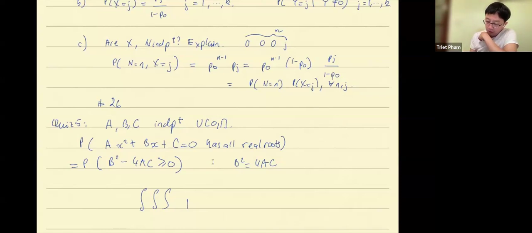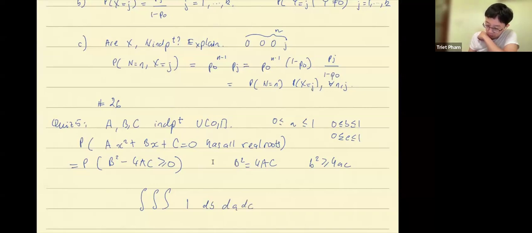So, right here, the region is clearly some sort of region where b squared is bigger than 4ac. And of course, a is between 0 and 1, b is between 0 and 1, c is between 0 and 1. So it seems like it's going to be something like dB first, then dA, dC.